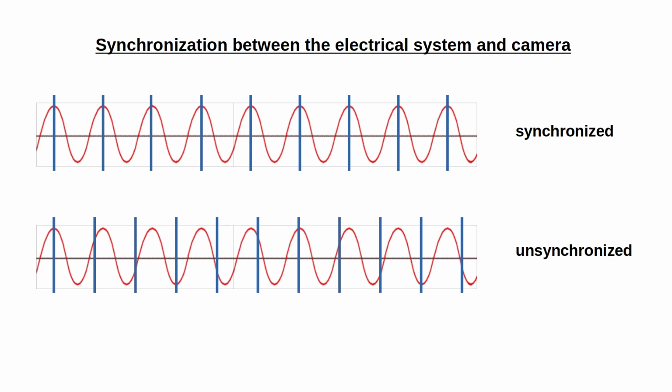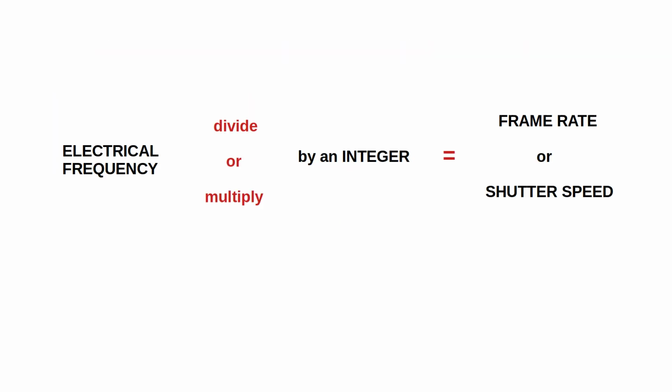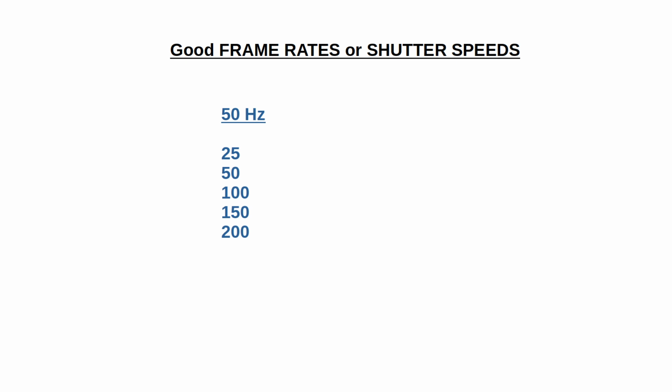You need the shutter speed or frame rate to be a number derived from the electrical frequency, in my case 50, by dividing or multiplying this number by an integer. So for a 50 Hz system, numbers like 25, 50, 100, 150, or 200 are good. For a 60 Hz system, numbers like 30, 60, 120, 180, or 240 are good.